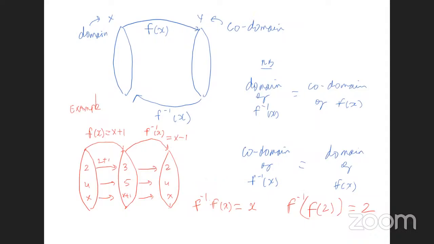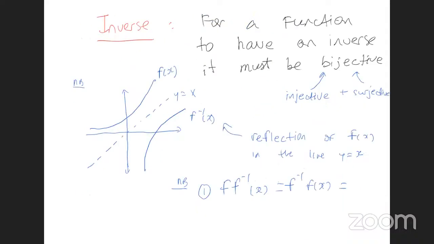So basically, you could go back to the first part of your notes. I'll come back here just now and write x on the end. Write x here. Okay? f of f inverse x is equal to f inverse f of x, which is equal to x. Just go back to the first part of your notes.